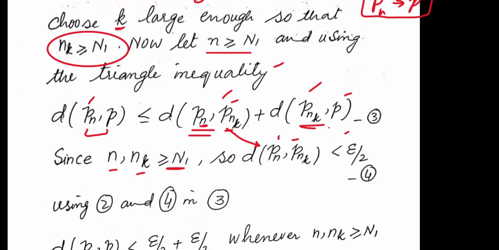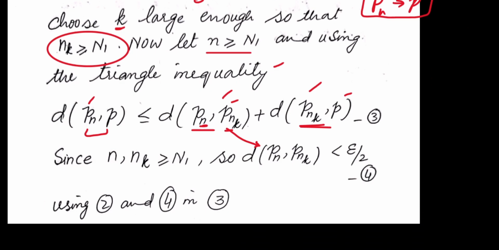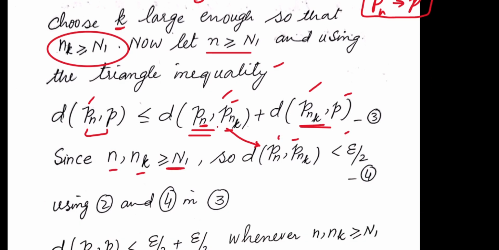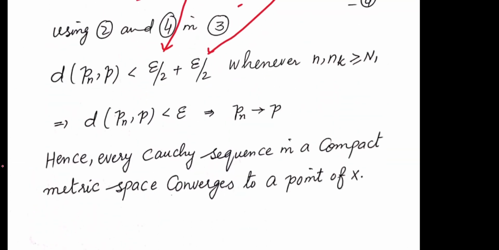And the other is clear from 2, because P_{n_k} converges to P as a convergent subsequence. So replacing this term by epsilon by 2, and this one is also epsilon by 2. So using 2 and 4 in 3, this gives the distance of Pn from P is less than epsilon, by adding epsilon by 2 and epsilon by 2.